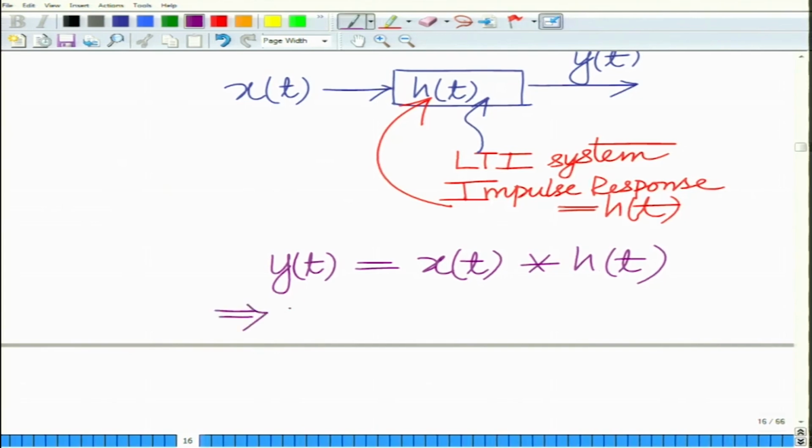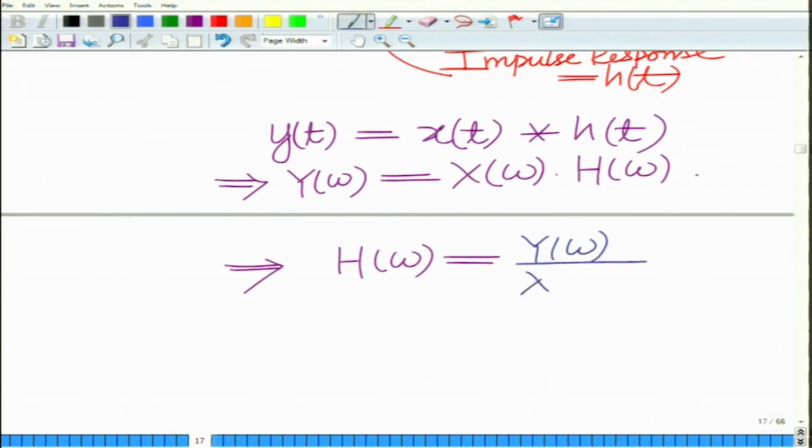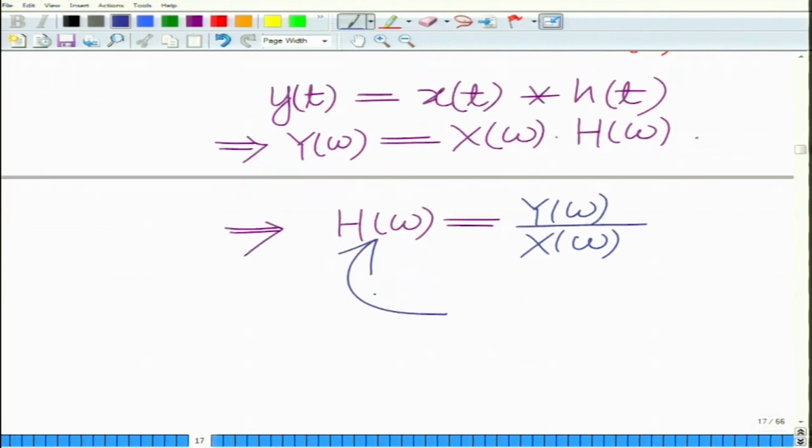So, when you take the Fourier transform, y of omega is the multiplication of the corresponding Fourier transforms, x of omega times h of omega, which implies that h of omega equals y of omega divided by x of omega, and this is termed as the transfer function, or frequency response, of the system.